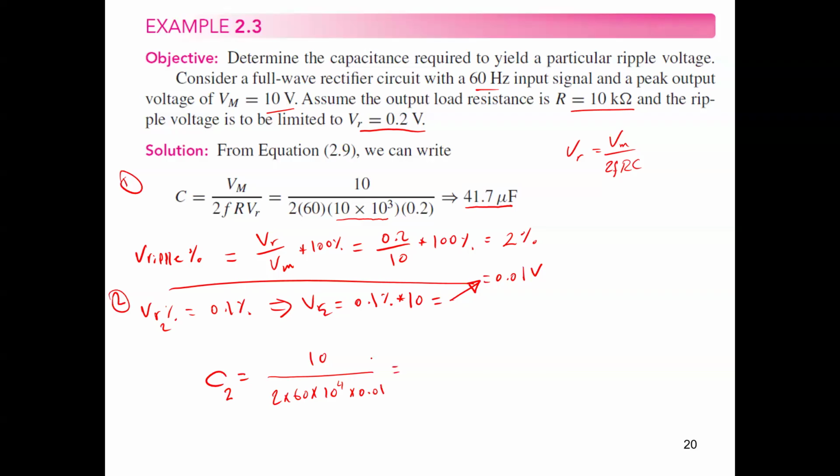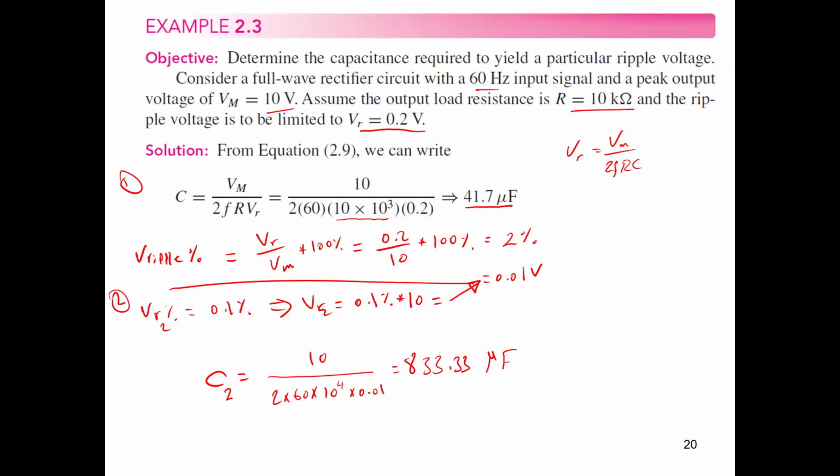So let me calculate that on my calculator. 2 times 60 times 10,000 times 0.01. So we have a capacitor of 833.33 microfarads. Okay, so this is the capacitance value.